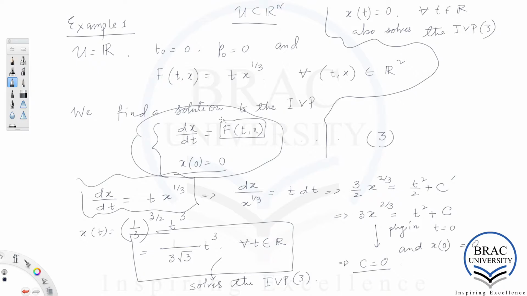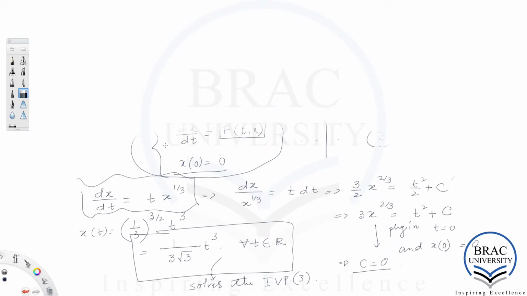Now let us move to the definition of flows first. Now we'll define flows of a vector field. To be more precise, we want to define the flow of a vector field.